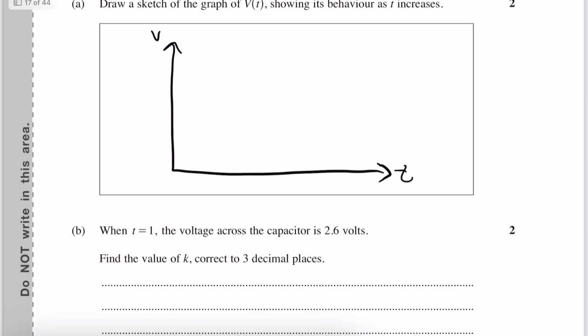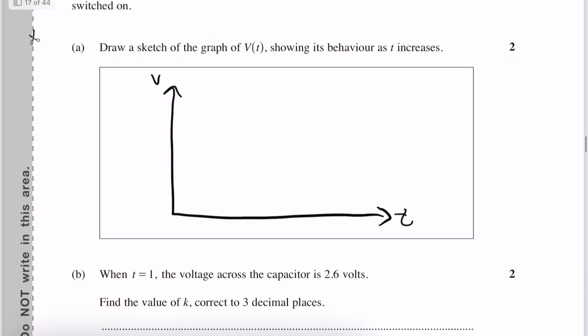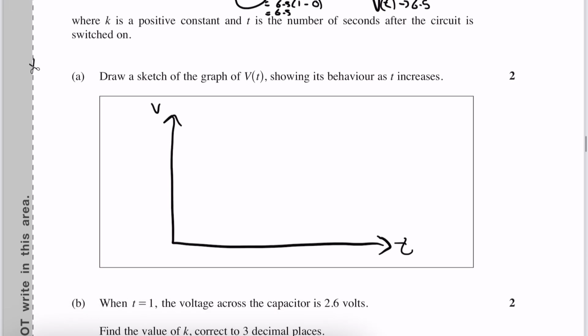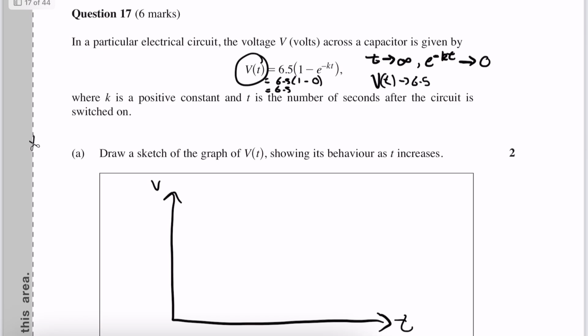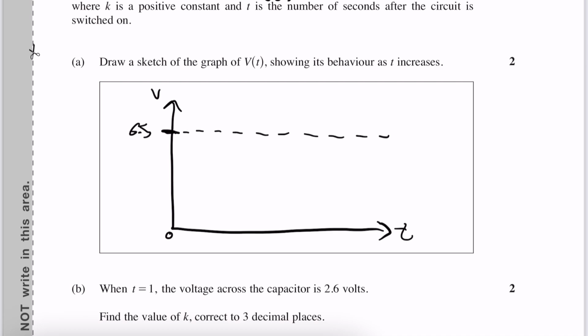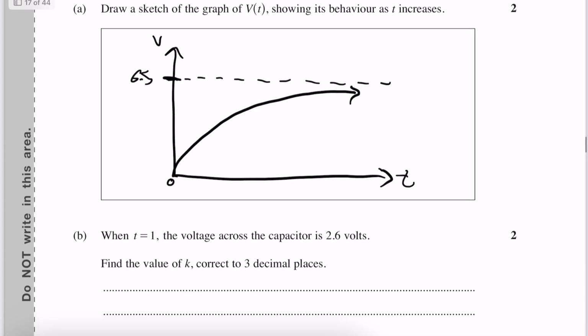And we know that we start at 0 because if you plug in t equals 0 here, you're going to get v equals 0. So we start at 0. And we know that this is going to approach 6.5. So let's draw like a dotted line here. And as you can see, this is what the graph would look like, where it approaches that line at 6.5.